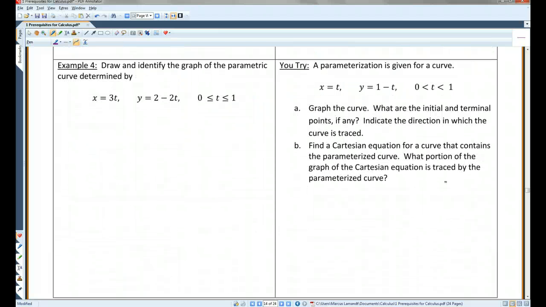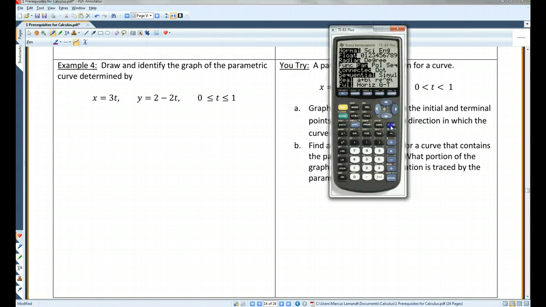Alright, example 4. Draw and identify the graph of the parametric curve determined by these equations. Alright, let's get the calculator out. So we got x equals 3t, y equals 2 minus 2t. Alright, so it looks something like that.